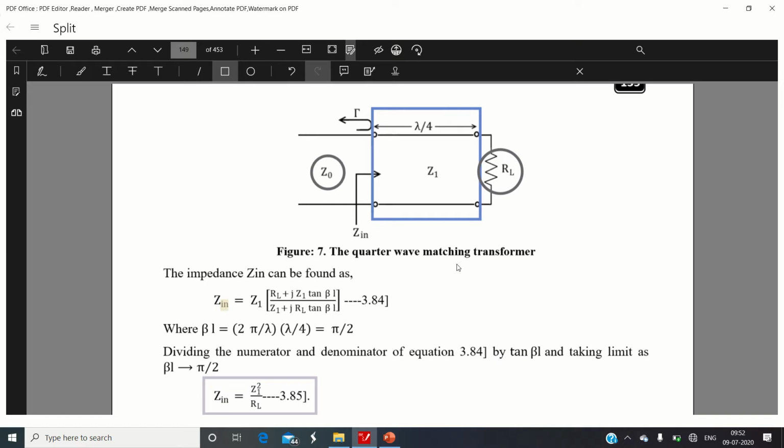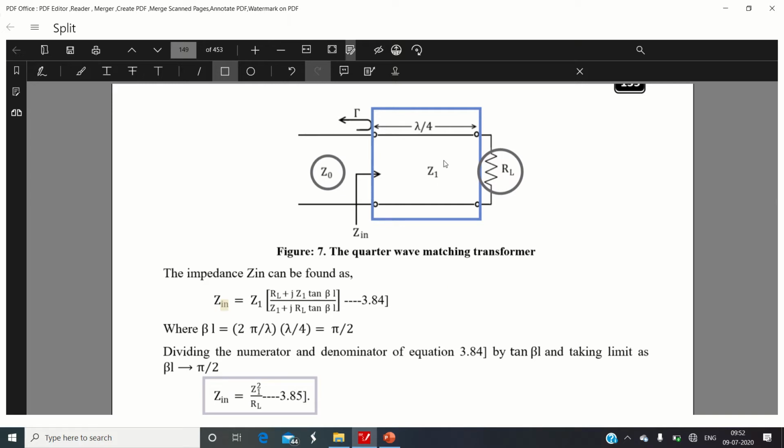First of all, we need to convert the complex load impedance into a real impedance by inserting a piece of a transmission line. When we come across a typical example, it will be clear to you how to go about designing an impedance matching circuit using the quarter wave transformer technique.